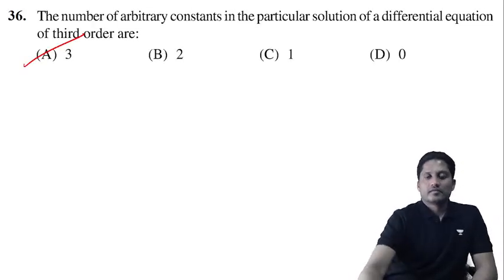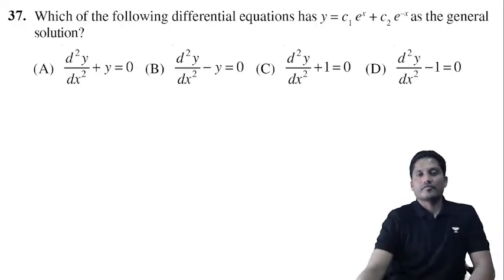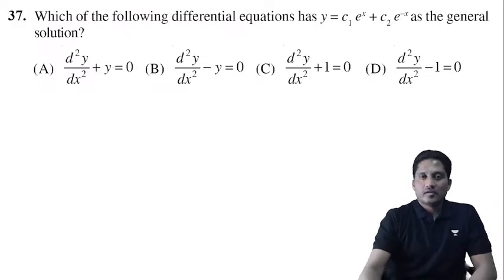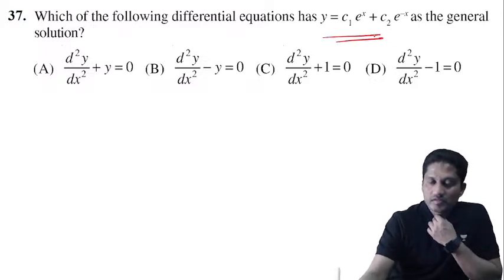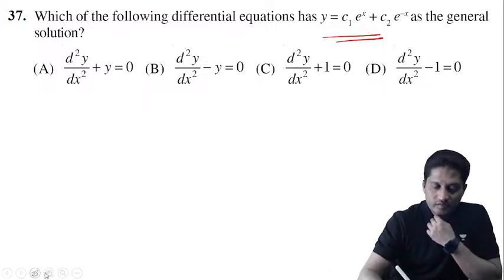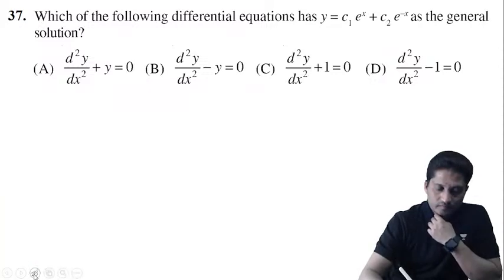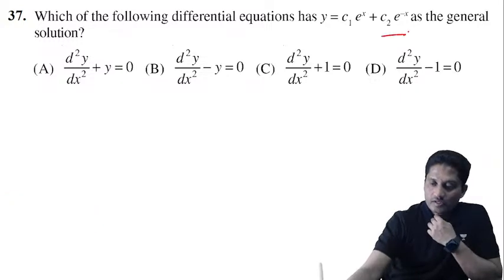Which of the following differential equations have y is equal to c1 e power x plus c2 e power minus x as the general solution? Call this equation 1.